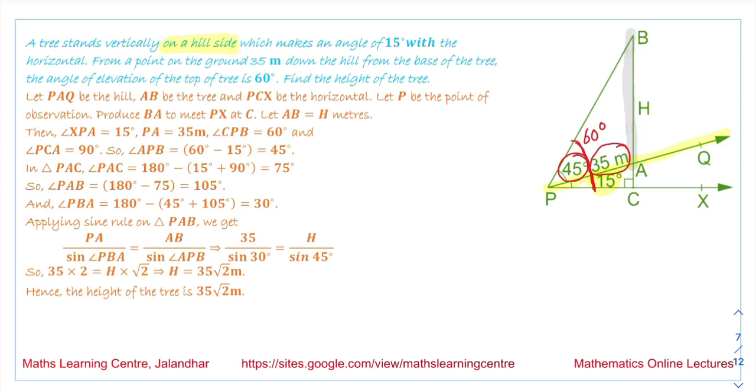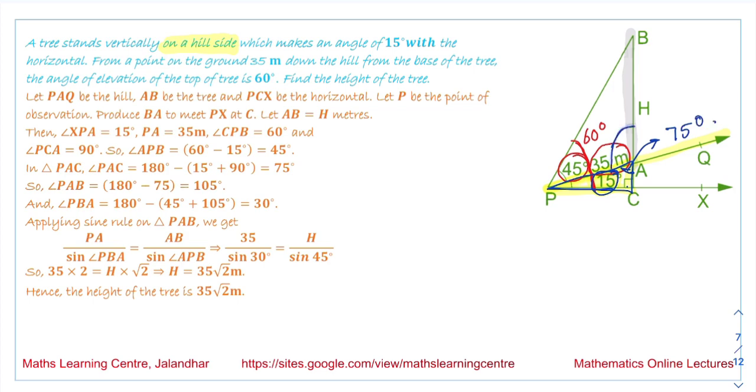To calculate the height of the tree, first of all we are considering the triangle PAC. In this triangle we have this angle of 15 degrees, this angle is 90 degrees, so the angle at A comes out to be 75 degrees.